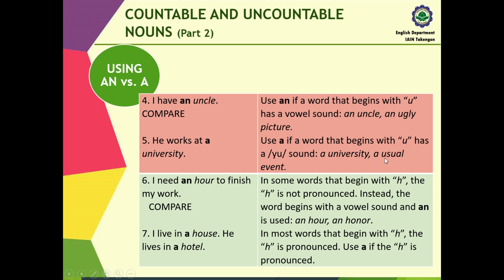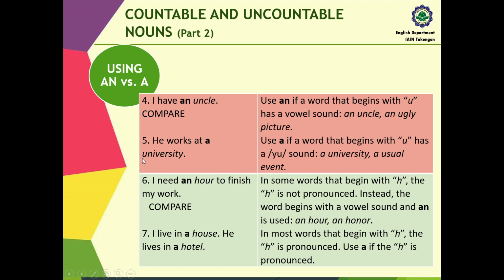Also with the word usual. The sound is consonant, so we use a usual event. So that's why in the sentence number 5, he works at a university, we use a because university has a consonant sound.